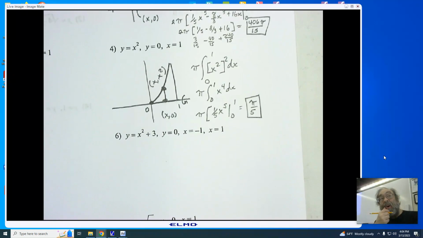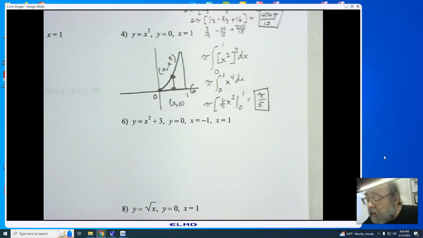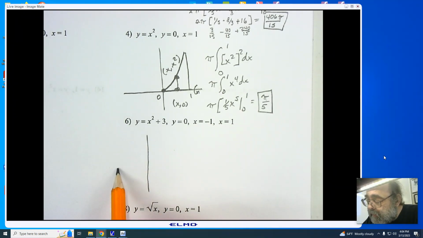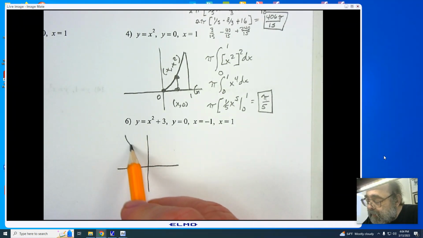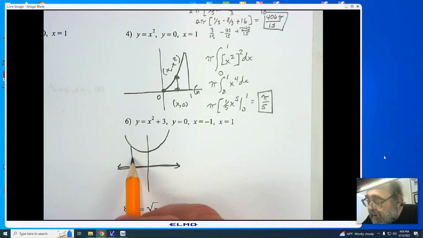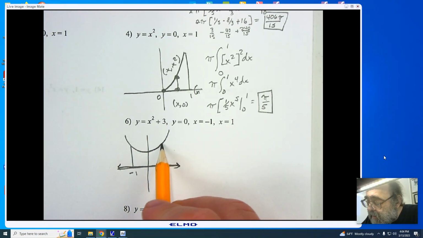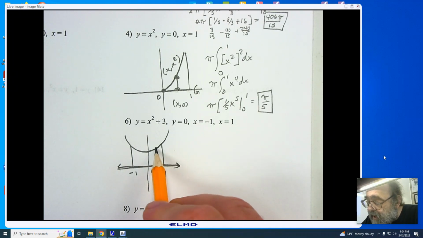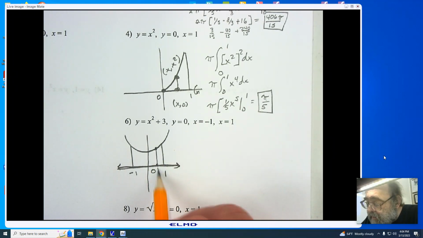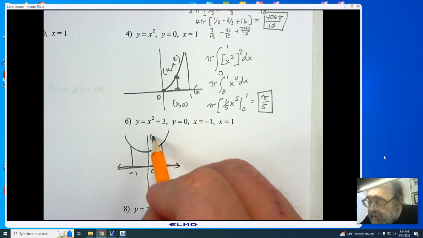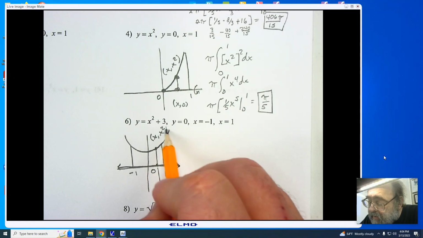This brings me to number 6. Once again, another quadratic opening up. We have y equals 0 going across like so. Now we're going from -1 to 1, using my even property, I'm just going to take half and go from 0 to 1. That point is x comma 0. This point is x comma x squared plus 3.